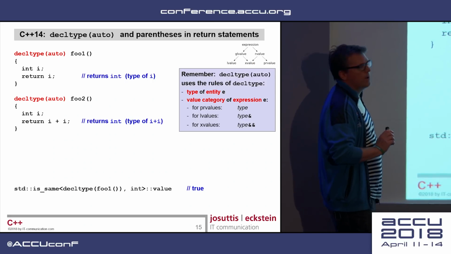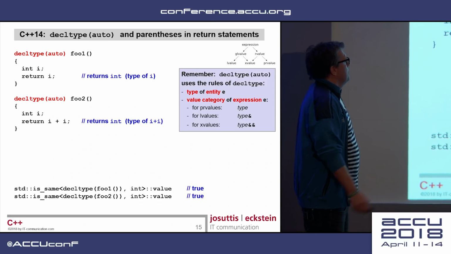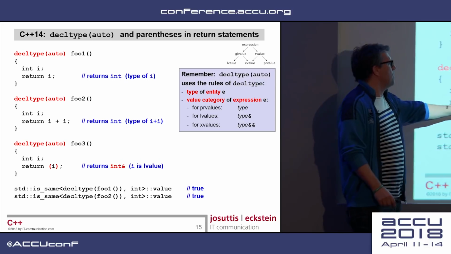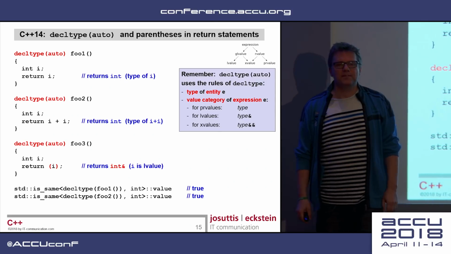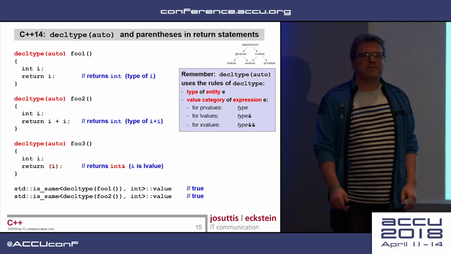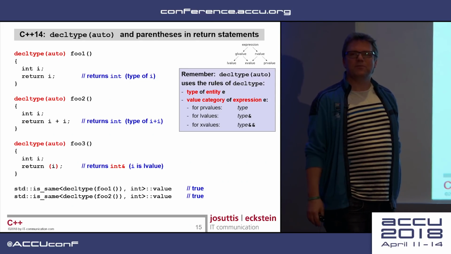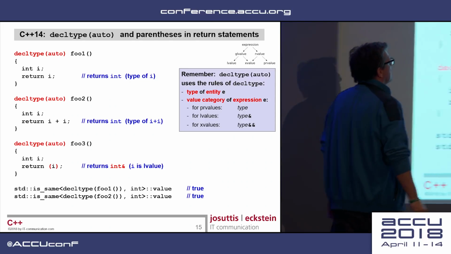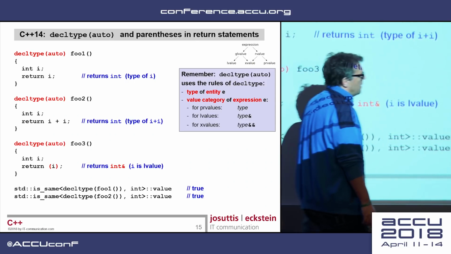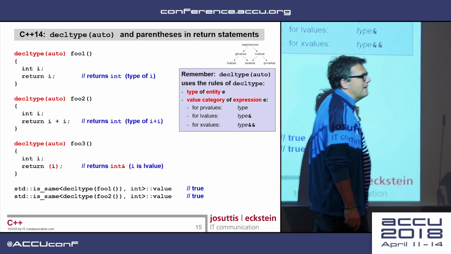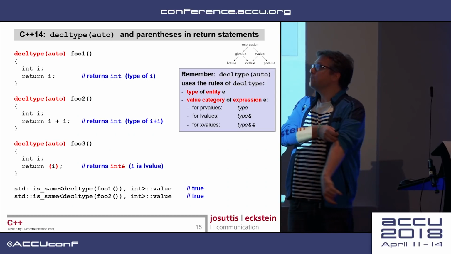But I hope you all know that if you return i in parentheses, some of us have this style, putting parentheses around return statements, then this becomes an expression. It's an expression for an lvalue because i has a name.